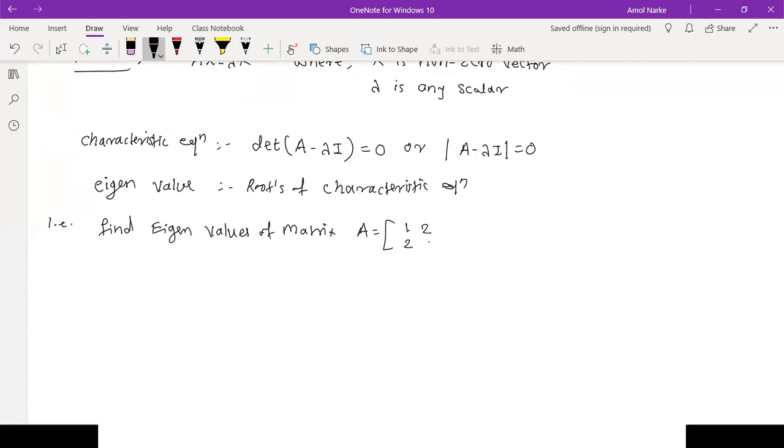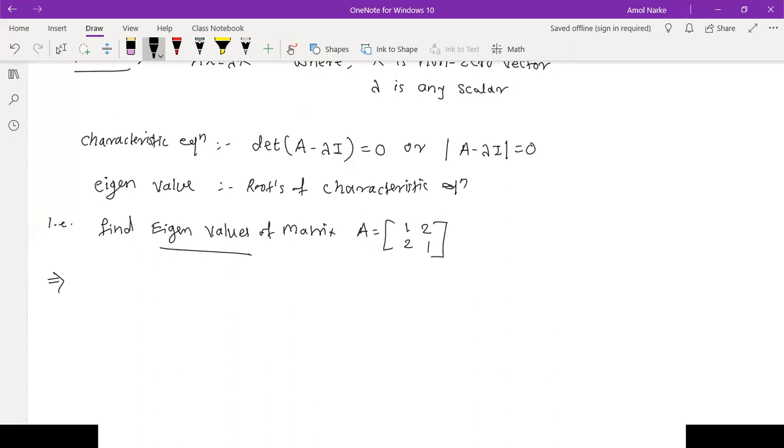Tell me how one can find the eigenvalues. Tell me how one can find. Yes.